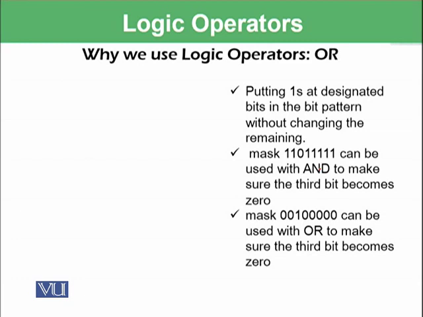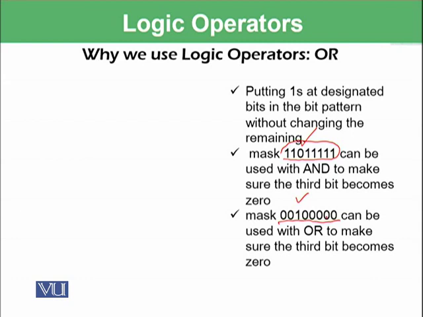And then, for example, when to use OR. OR is used for putting 1 at designated bits in the bit pattern without changing the remaining bits. You can do it using an OR operator. Similarly, you can use a mask with AND to make sure that the 3rd bit becomes 0, because the others are 1 and they will not change the remaining bits of the input. And similarly, you can use a mask to make sure that the 3rd bit becomes 1 and the other bits remain unchanged.